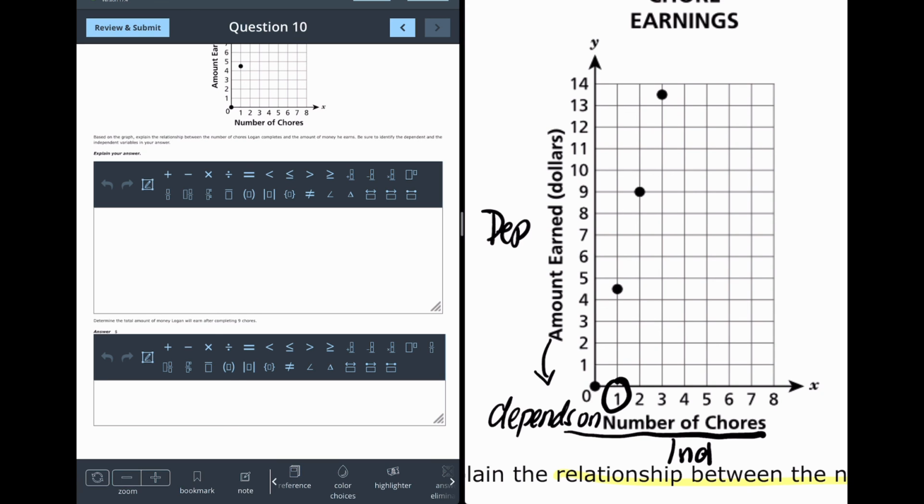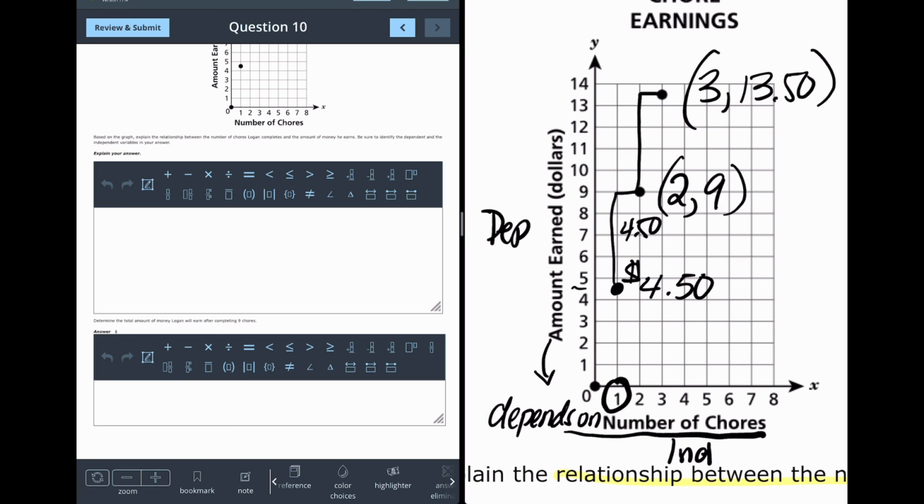For every one chore he does, he makes, this is right in the middle, $4.50. Okay, so that's when he does one chore. When he does two chores, he has $9. That's still increased $4.50. When he does three chores, he makes another $4.50 or $13.50.